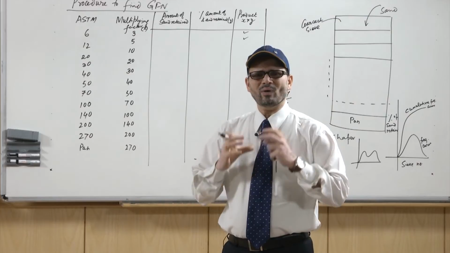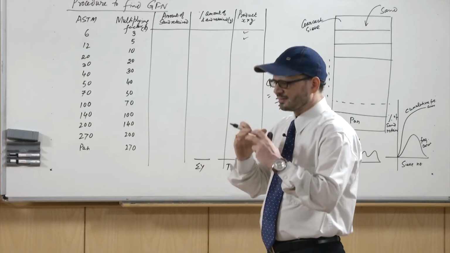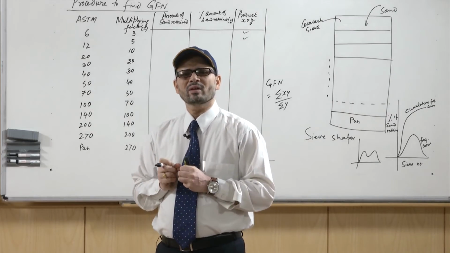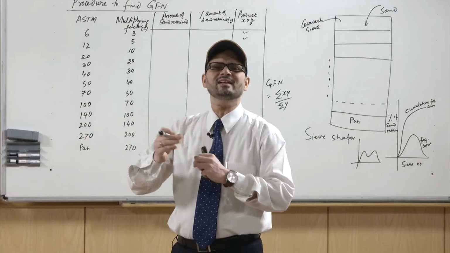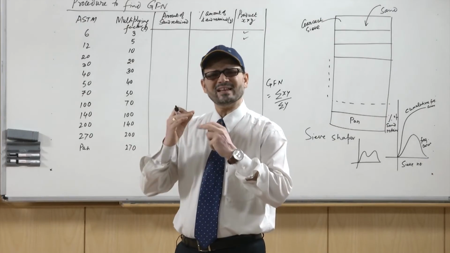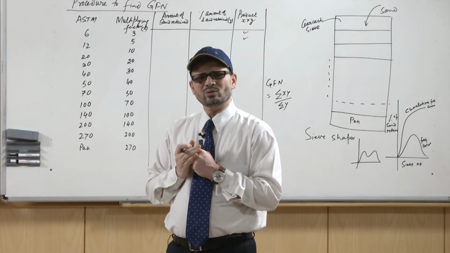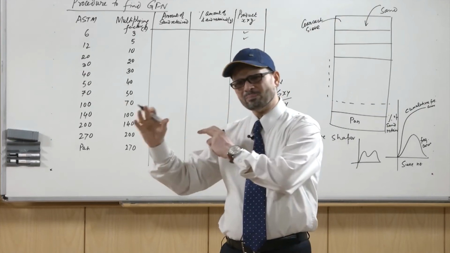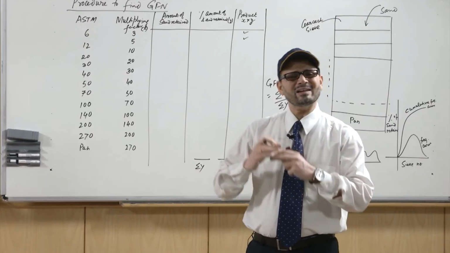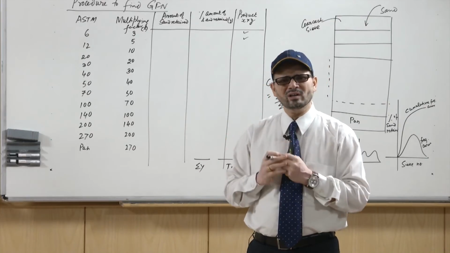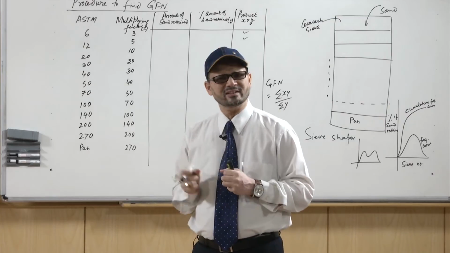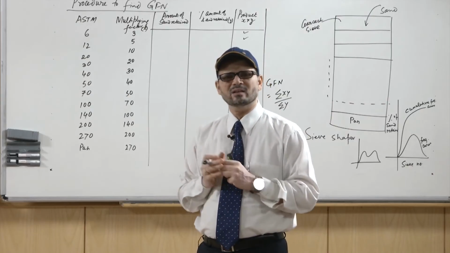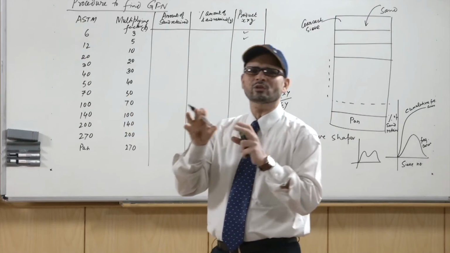Once CaC2 is in touch with the moisture content of the sand, after reacting it will produce acetylene gas, and this acetylene gas which is liberated will create a certain pressure. So, depending upon the moisture content, there will be a pressure shown because of the acetylene generated, and the pressure which is generated can be correlated with the amount of moisture which is present.